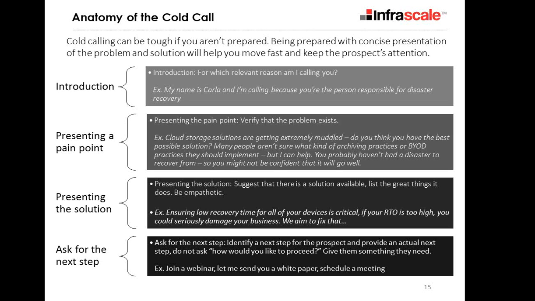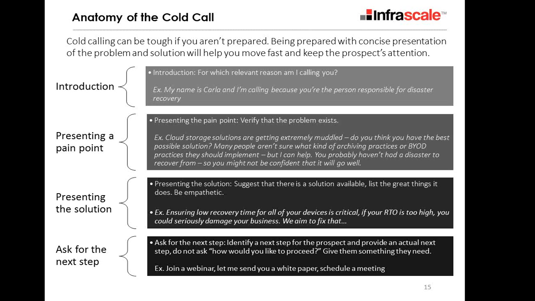You'll present the solution. So you'll bring up some features. You'll want to be empathetic, and you'll want to also be sure, finally, that you ask for the next step. So rather than simply an open-ended, how would you like to proceed type of question to your prospect, you want to really stay in control, and you want to identify and ask for that next point of contact.